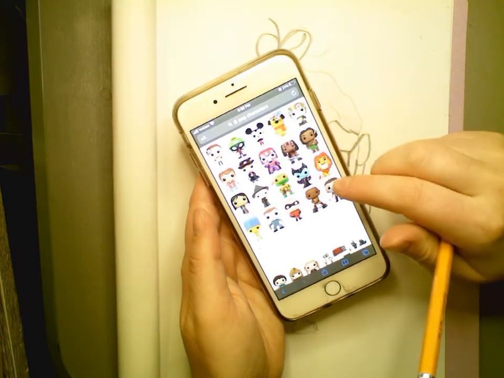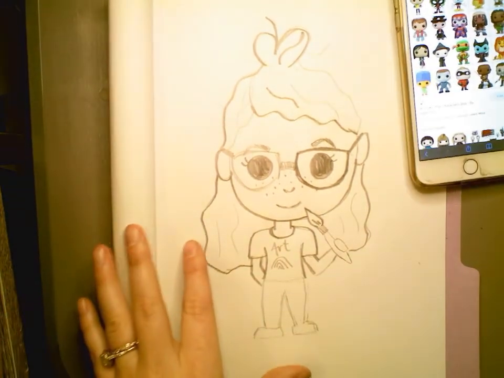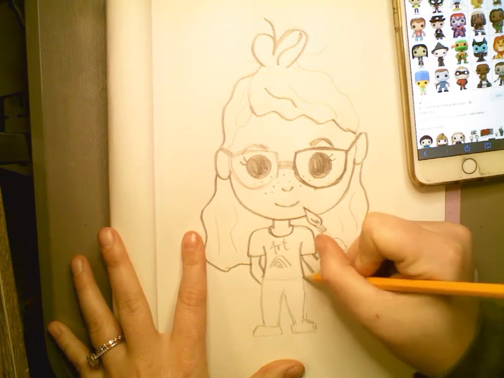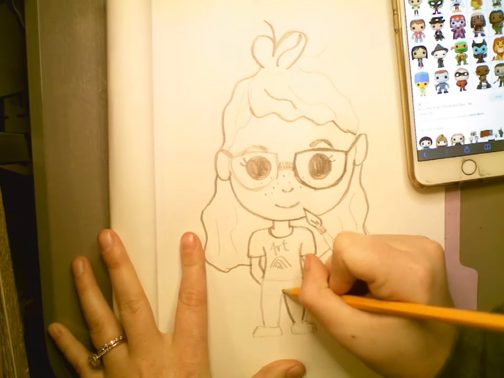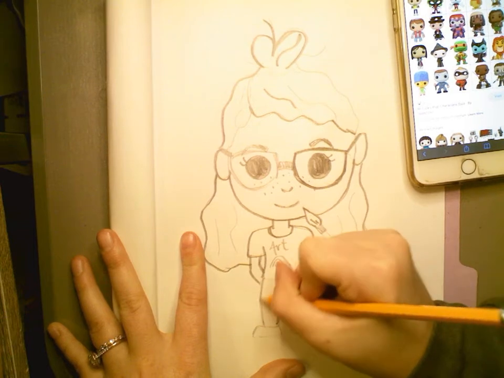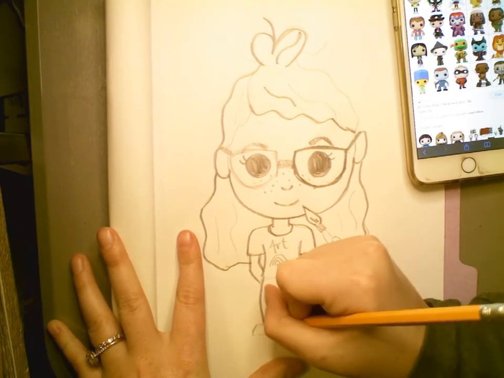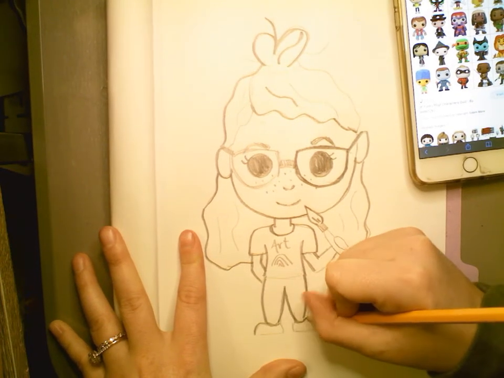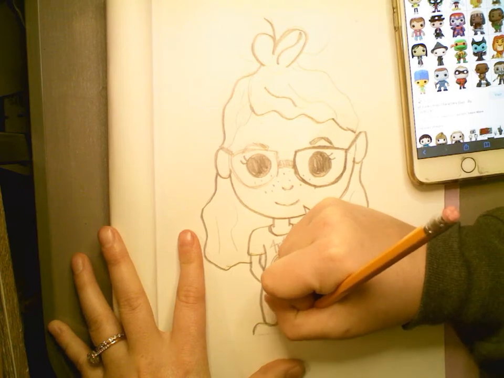Okay? So you want to make sure that you're adding characteristics and accessories so that we know who you are. Things that make you stand out, things that make you different from other people. Those are the things that are special about you and help us tell from the art that it's you.